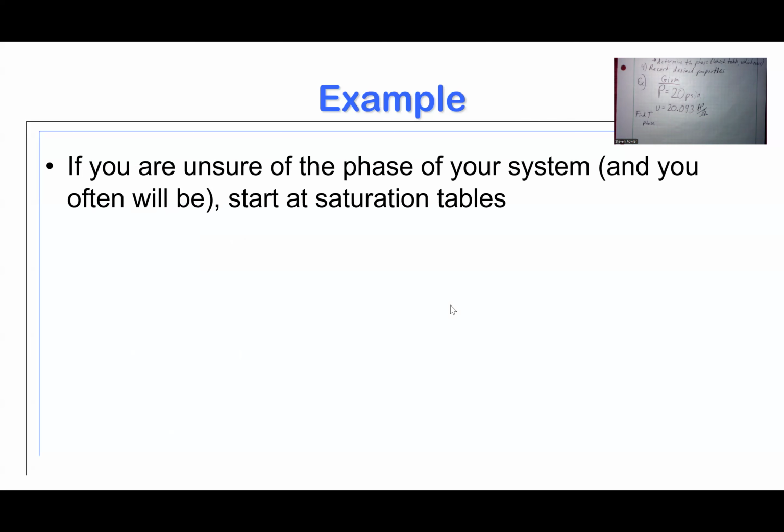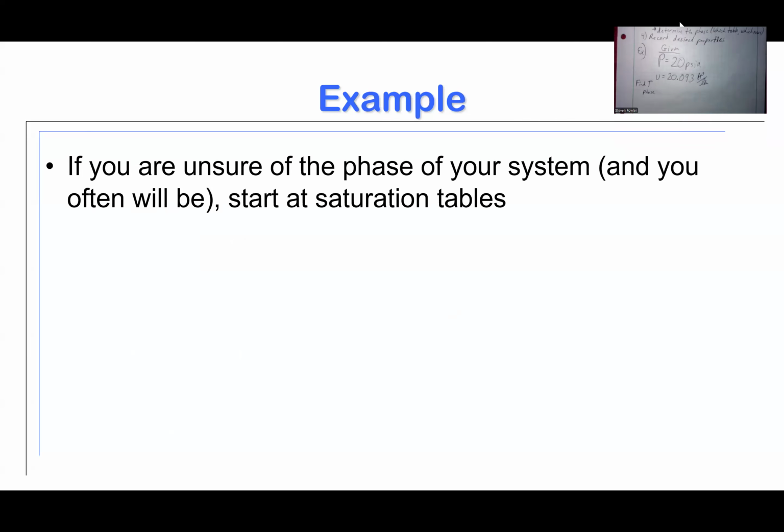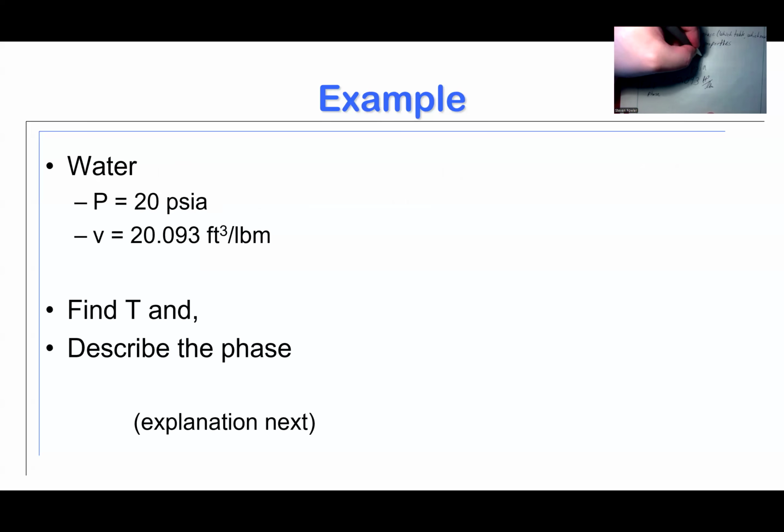If you're unsure what your phase is, and you probably will be, I would always suggest starting at your saturation tables. Now, why am I saying that? Well, I'm looking for an unknown temperature, which means I'm probably going to go to the property tables, because something I didn't write down is the fact that this is water.